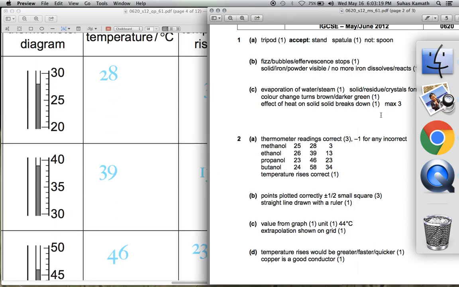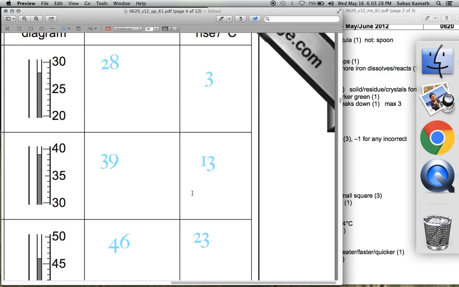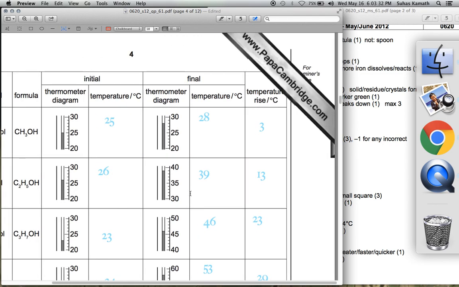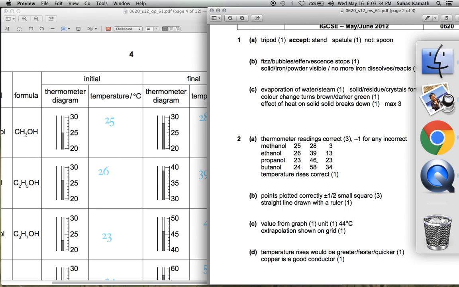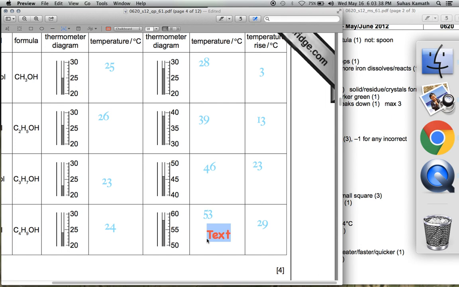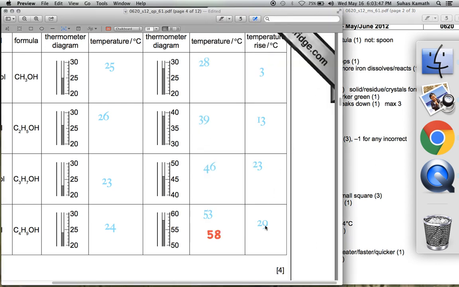And then 28, 39, 46. 53, 29, 50, 58. And then 34, 3, 13, 23, 34.